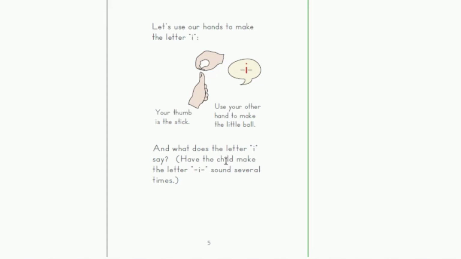So you make the letter I. This is very easy, no? Can you say the sound of I? E. Iguana. Igloo. I says E.